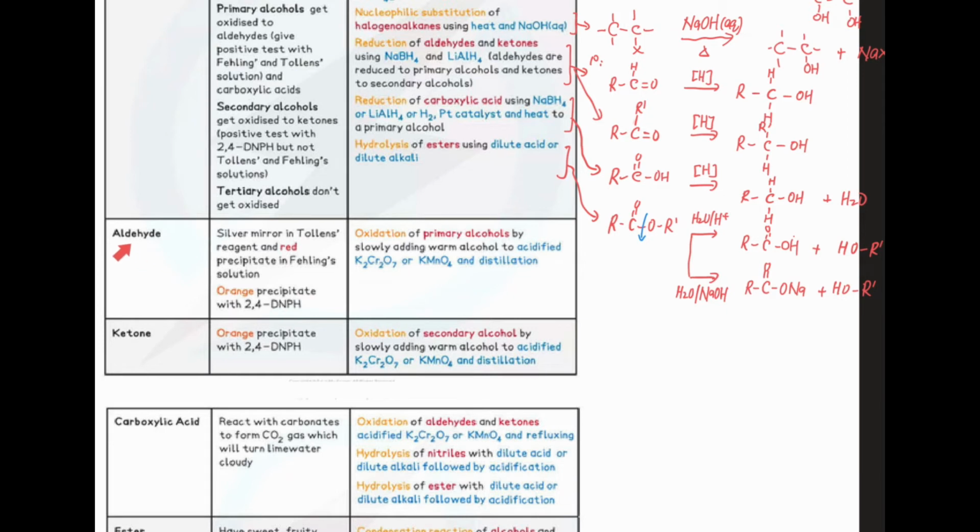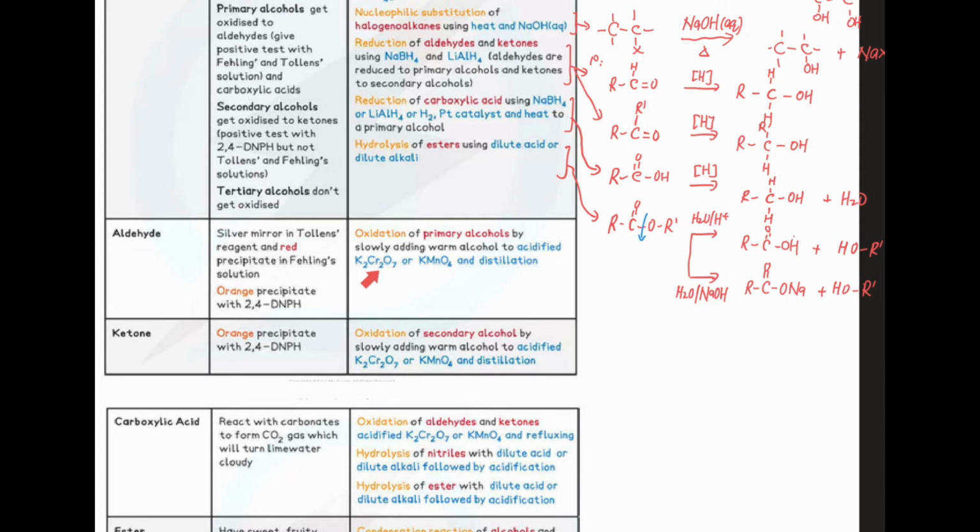Orange precipitate. Okay, so to produce aldehyde, we go through oxidation of primary alcohol by slowly adding warm alcohol to acidified K2Cr2O7.